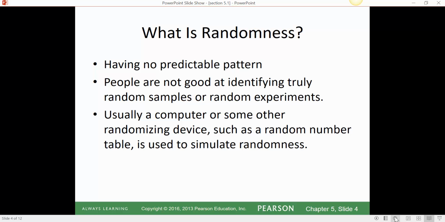Because people aren't good at identifying truly random samples or random experiments. It's really hard to identify, and really hard to generate on your own. So typically, if you want to come up with some type of random sample, you would use a computer, or you could also use a random number table to do this.